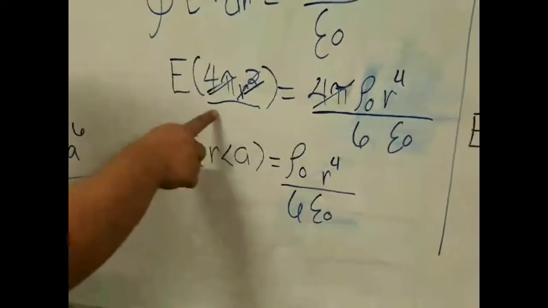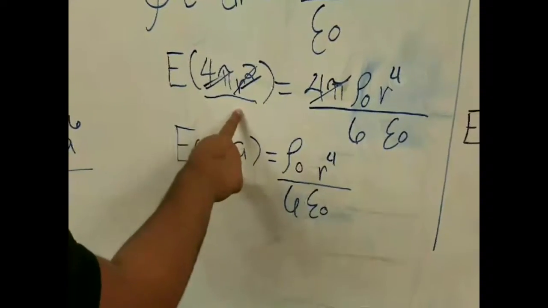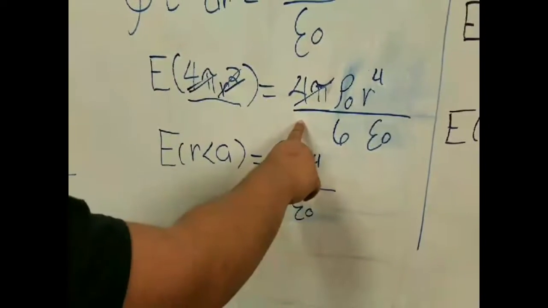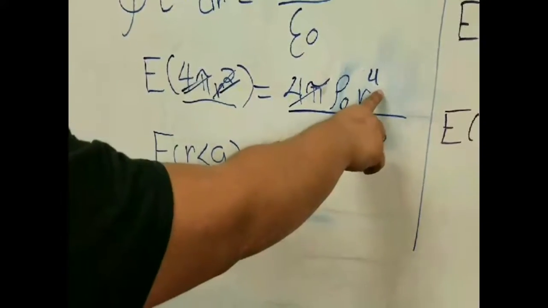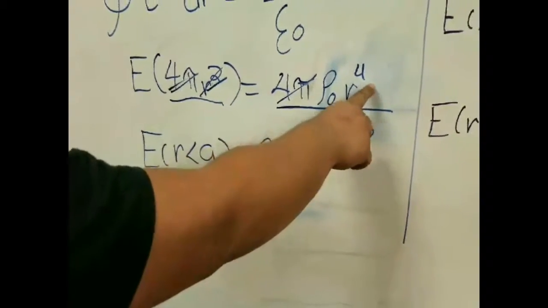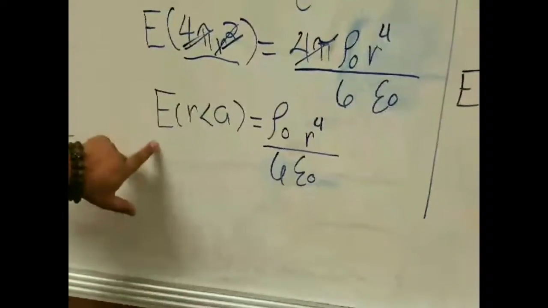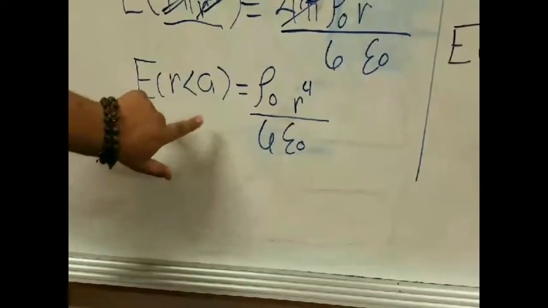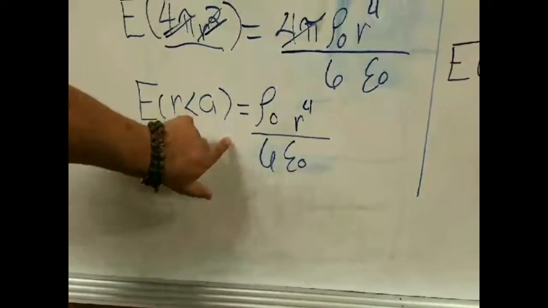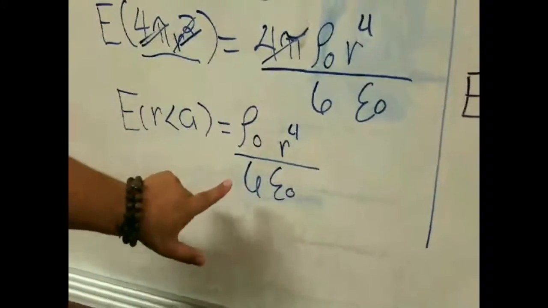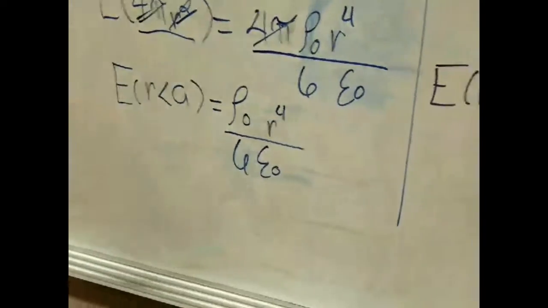What we did right here is cancel out the 4 pi r squared and cancel out the 4 pi, and reduce the 4 from the 6. And from there we solved it and we got E for r less than a equals rho naught r to the 4th over 6 epsilon naught.